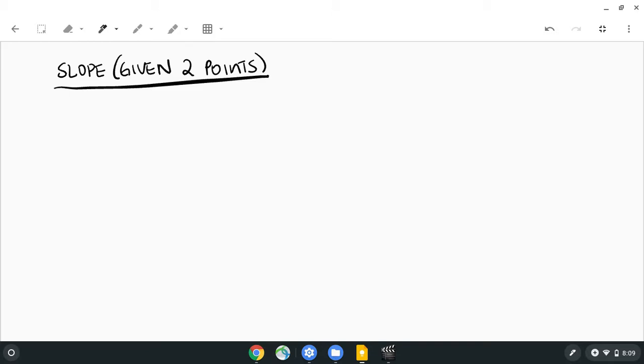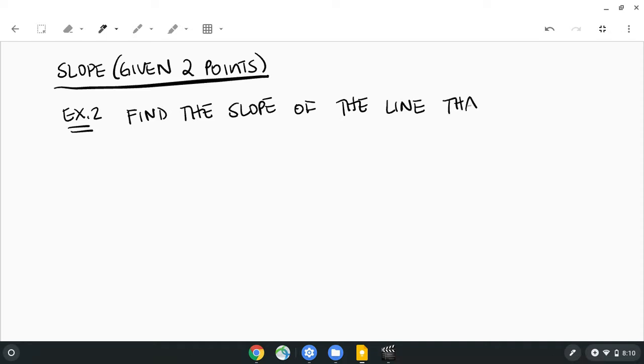Okay, so when you're given 2 points, find the slope, that path of the line that passes through these 2 points. So I'll give you the 2 points. So it passes through -3, 5, and -7, -1.